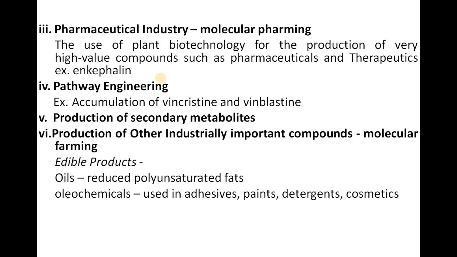By engineering that metabolic pathway in such a manner that these products are not converted into the end product of the pathway, we make possible the accumulation of large quantities of vincristine and vinblastine in the cells. These compounds are then isolated and purified for their specific purposes.